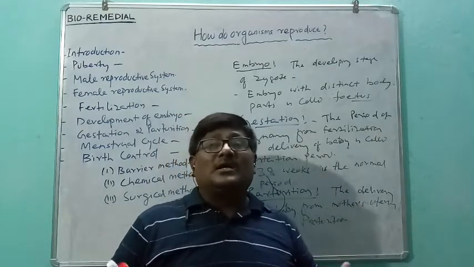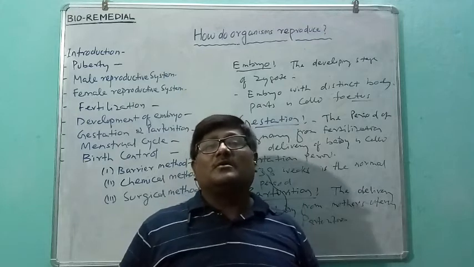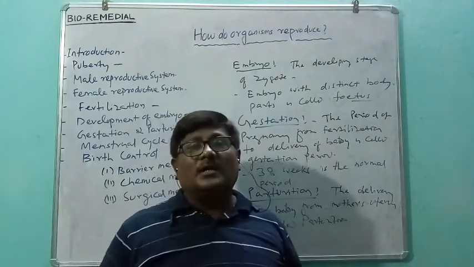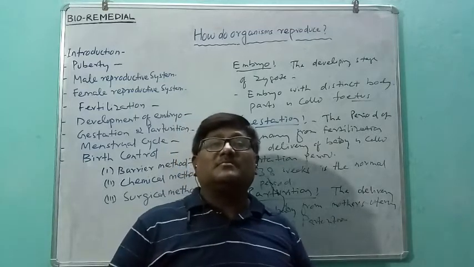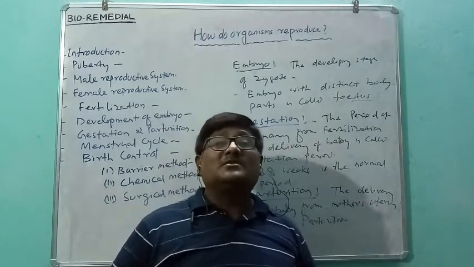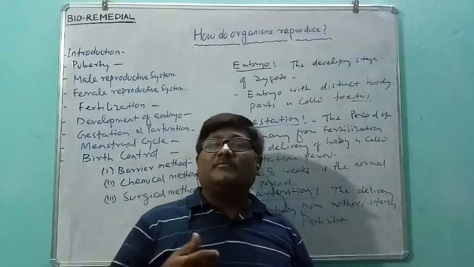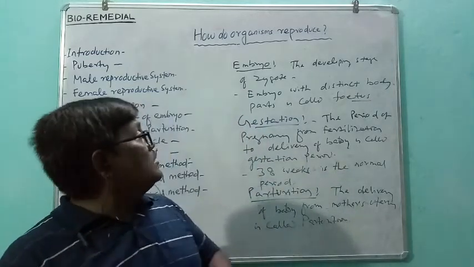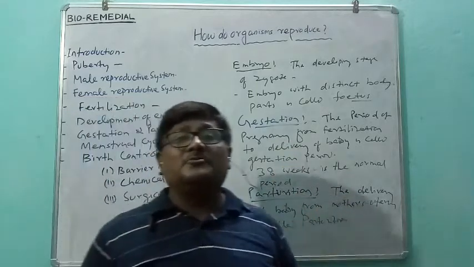Vigorous contraction will result in the ejection of the baby. The vigorous contraction takes place by the uterus. This is known as the fetal ejection reflex. That we will learn in detail in higher classes. So this is all about how the baby develops in the female body.